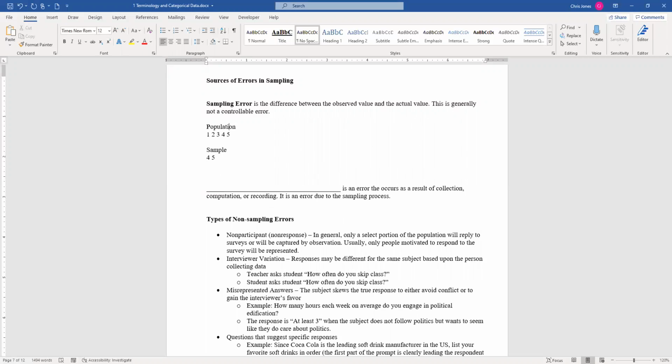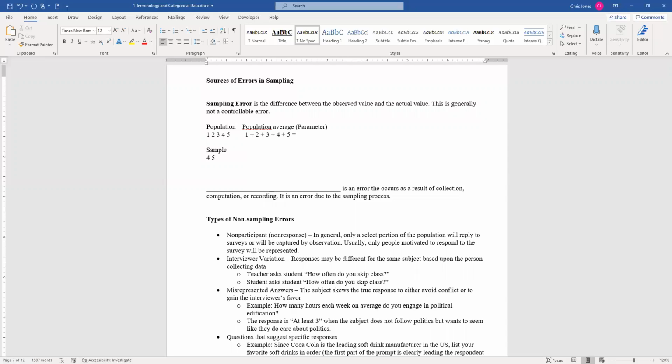Now, if I wanted to take the population average, and remember earlier we called that a parameter, okay? The population average of 1, 2, 3, 4, and 5 would be 1 plus 2 plus 3 plus 4 plus 5.